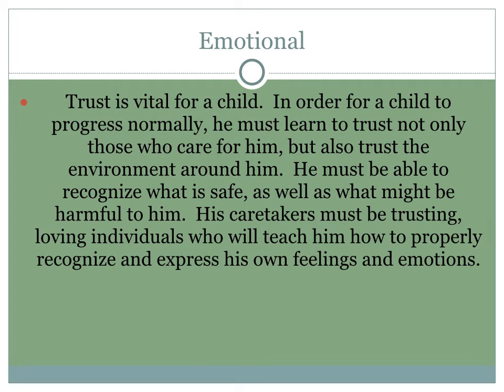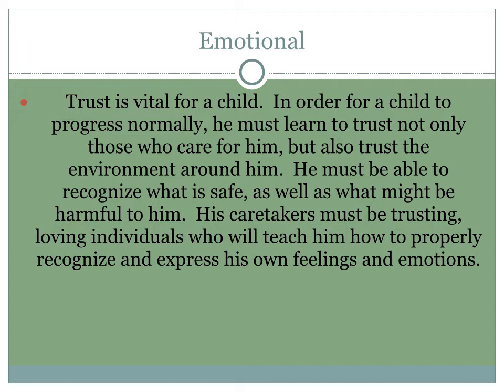Emotional stage. Now, trust, as we know, is essential for a child. In order for a child to progress at a normal rate, it is essential that he learn to trust not just those who care for him, not just his parents or his guardians or his caretakers, but also the environment that surrounds him.